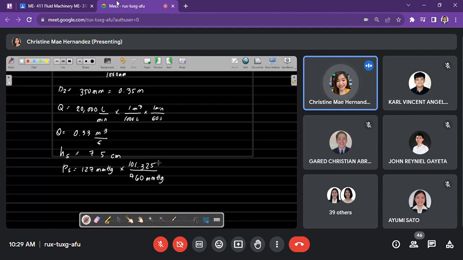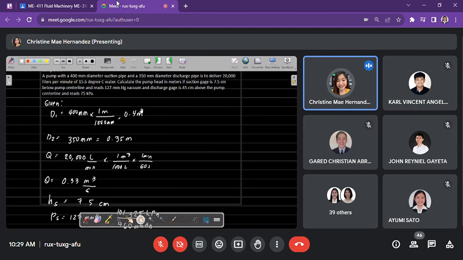To 5 kPa. Ang ating P1 at suction is 16.93 kPa vacuum. Tama ba?